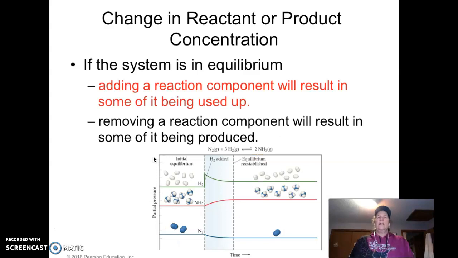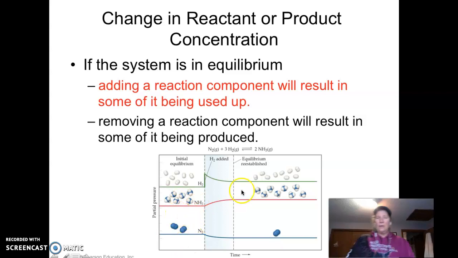Okay, so if you change the concentration of your reactant or the product, so the system is in equilibrium and then you add some reactant, well, now what's going to happen is you're going to reach equilibrium again, but it's going to be at a different level. Okay, so here you can see we have our initial reaction. We have H2 and N2 and we're making NH3, I think it is.